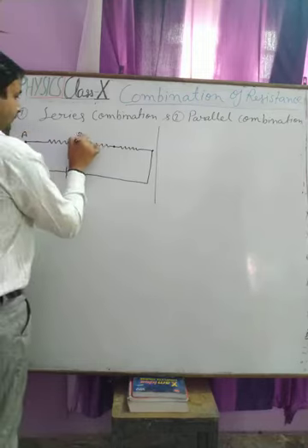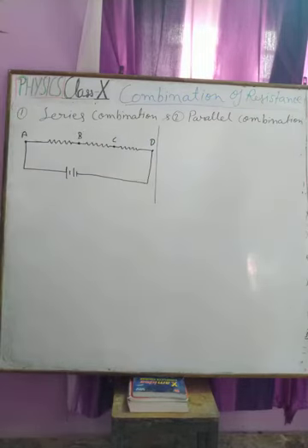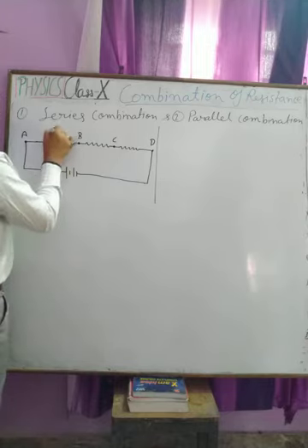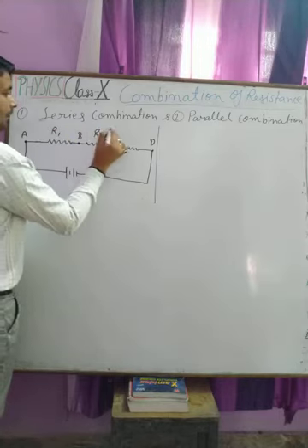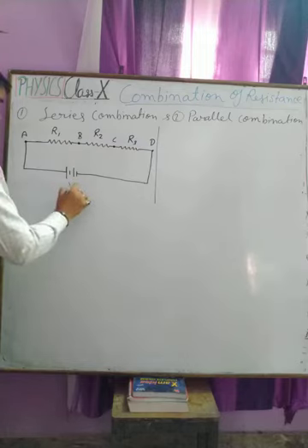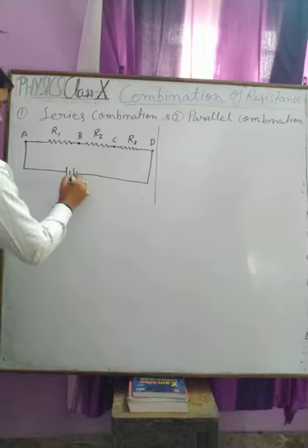A, B, C and D. Okay. Here the three resistors of resistance R1, R2 and R3 are connected in series with a potential difference V. Okay.